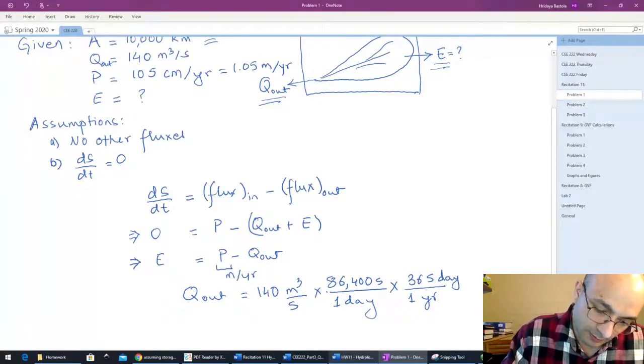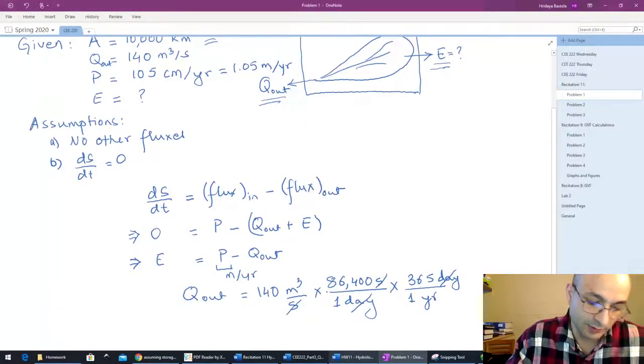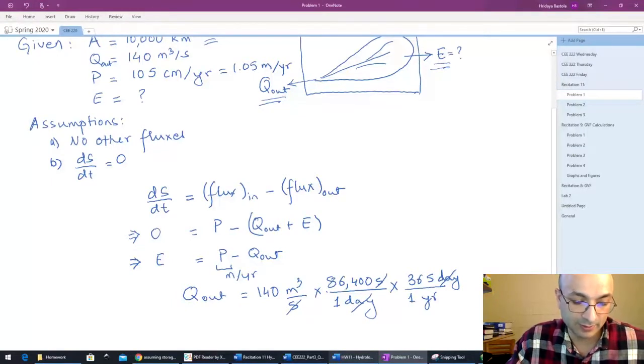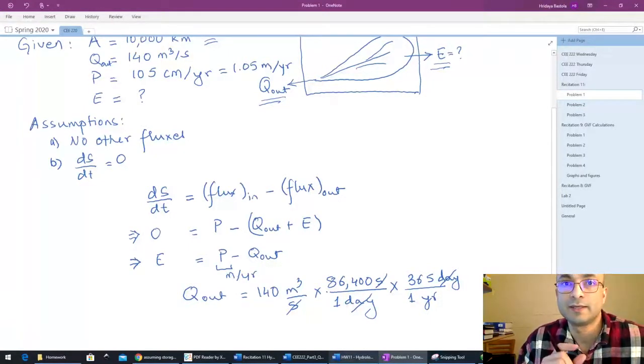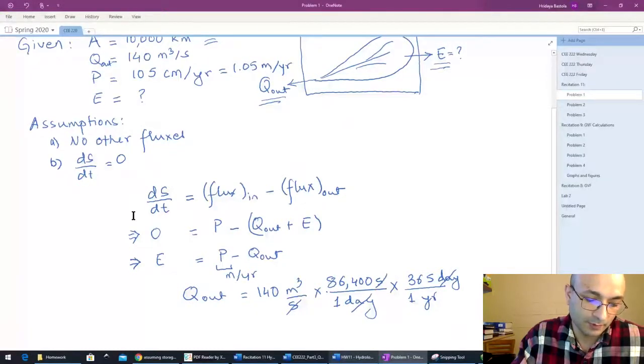That will convert our units to per year. Now, since this already takes into account the entire drainage basin area, the unit of depth here is the value you would get if you were to spread out the volume over the entire basin.